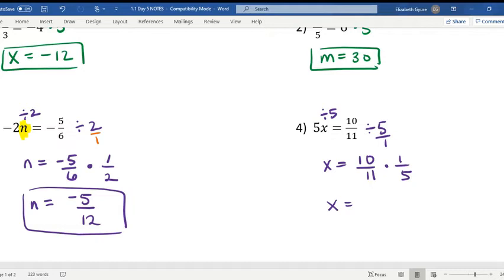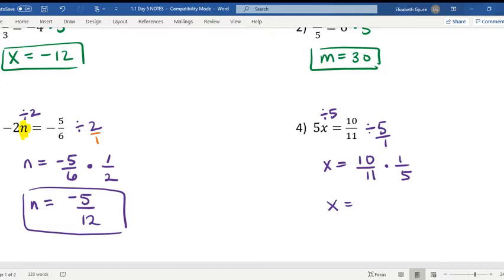You guys weren't in person last time we cross-reduced. Do you guys know how to cross-reduce? Okay, and if you don't, just reduce at the end. Asia, do you see anything that you can cross-reduce here? The 10 and the 5, because if you look diagonally, 10 and 5 can be reduced. What goes into both 10 and 5?